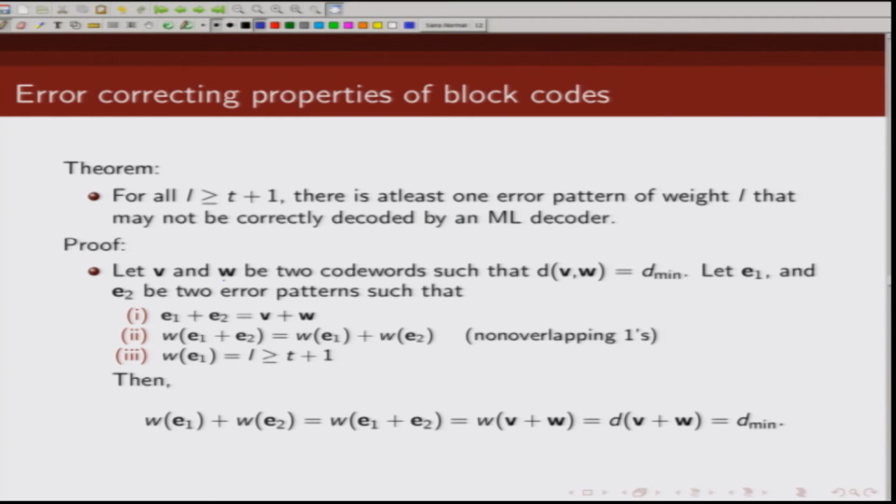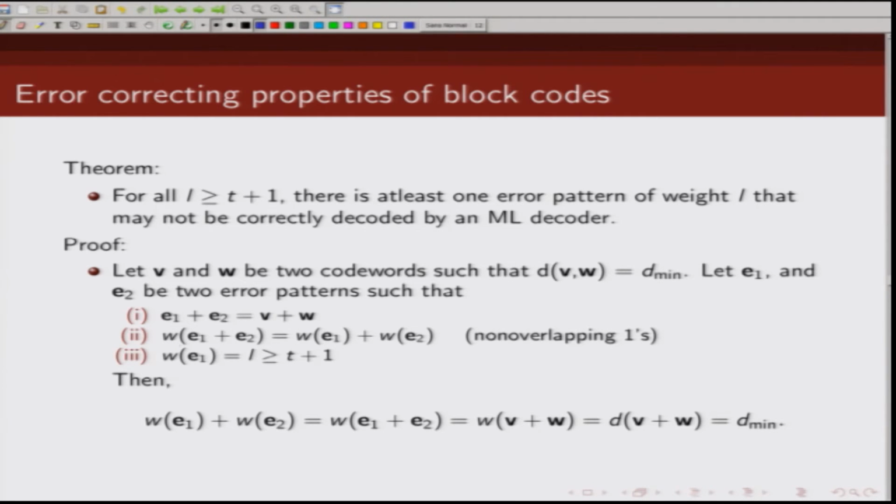If v and w are two code words, and let us assume that the Hamming distance between v and w is equal to the minimum distance of the code, which is denoted by d min, and let E1 and E2 be two error patterns which satisfy these properties. And what are these properties? First, the sum of E1 and E2 is the same as v plus w.